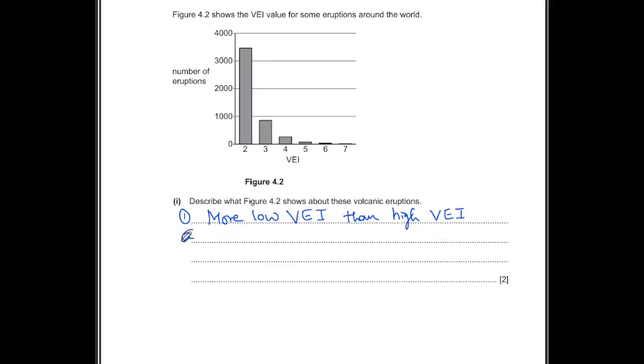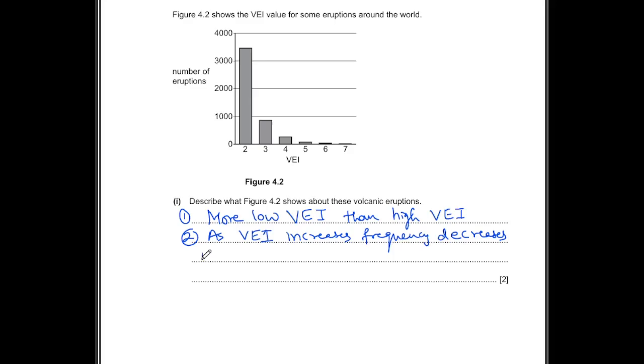Next point. As VEI increases, frequency, that is the number of eruptions, right? Frequency, how can we say this?